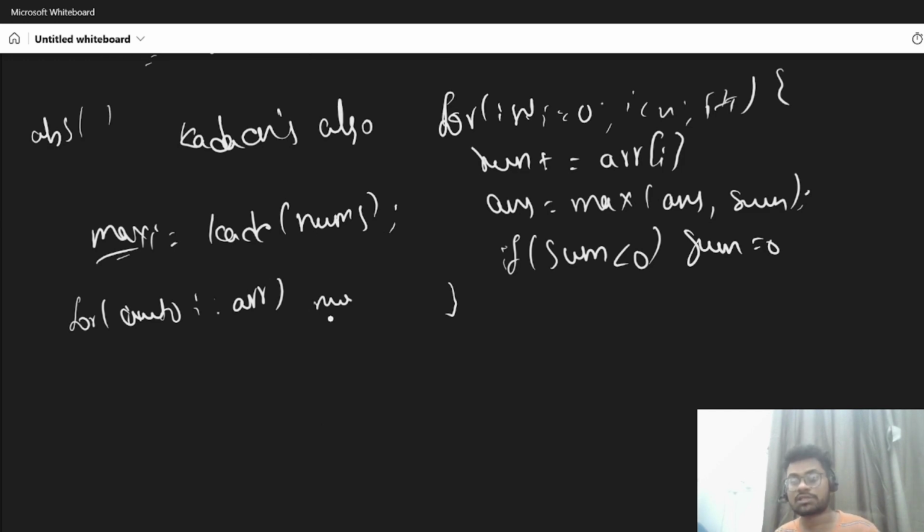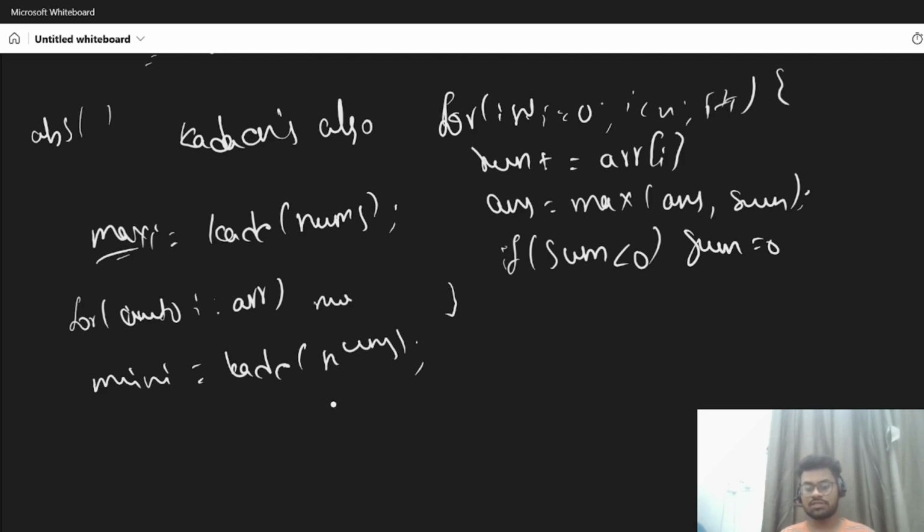So you are interchanging the sign, and if you run Kadane's algorithm again, which is mini, it will give you the result based on the positive values, but since we alternated the sign, we will get a mini sum. Then just return the max of maxi or mini.